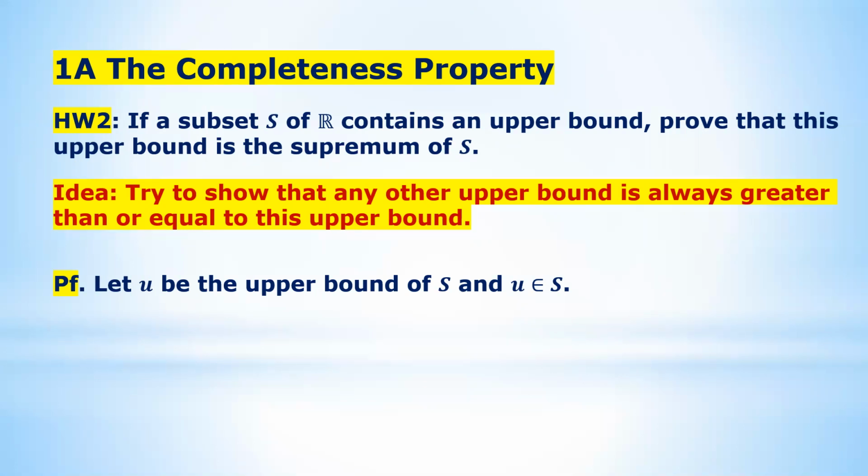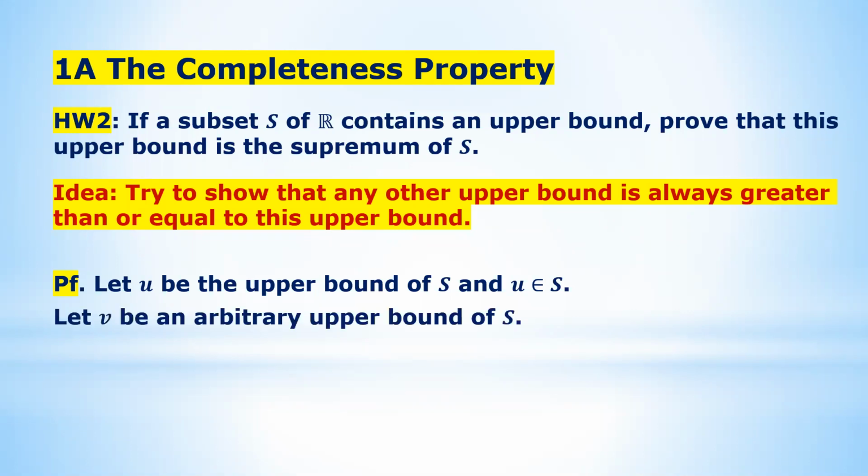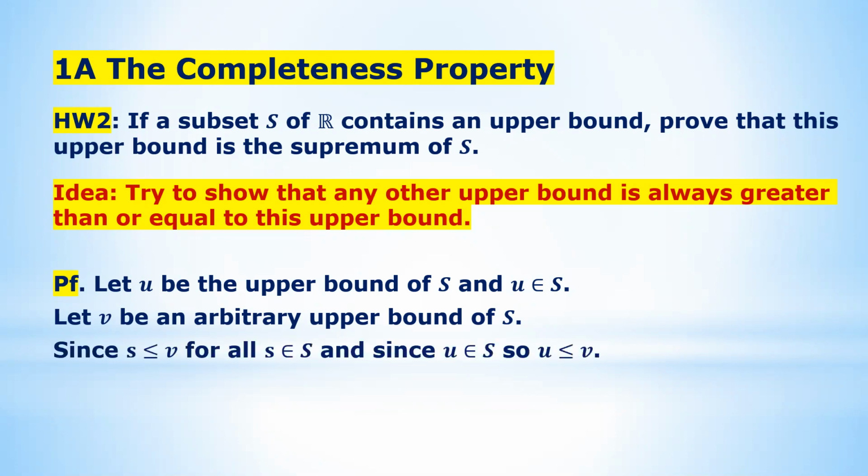Now, in order to show U is the least upper bound, you're trying to show that U is less or equal than any other upper bound. So let's say that V is another upper bound, an arbitrary upper bound, okay? Now, by saying that V is an upper bound, what it means is that s is less or equal than V for any s in S. So that's the definition for V to be an upper bound.